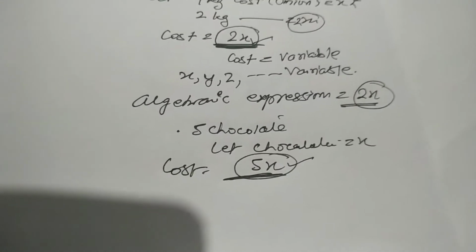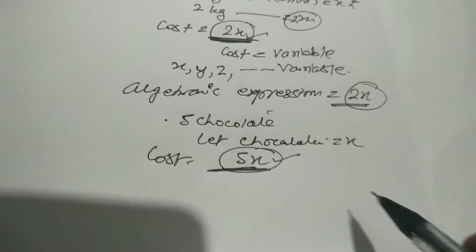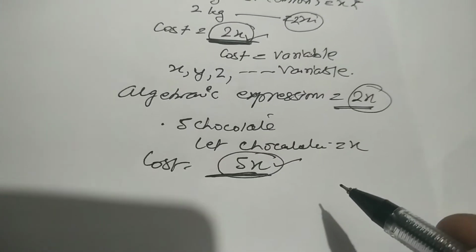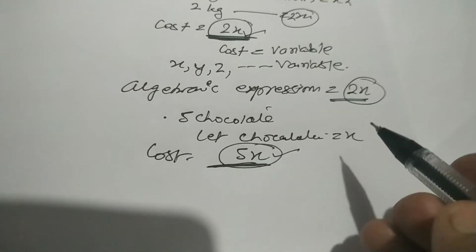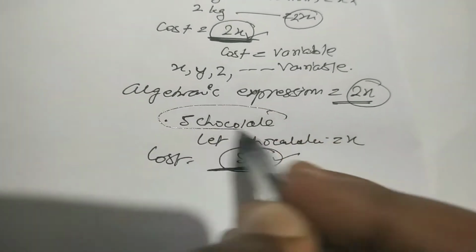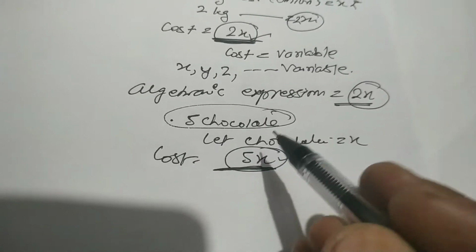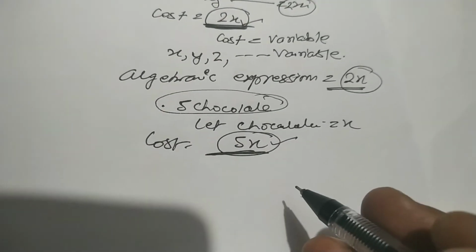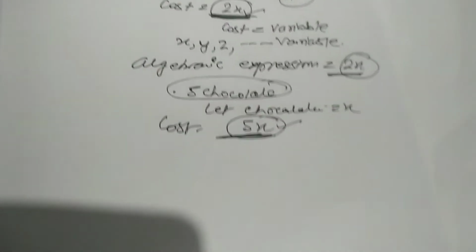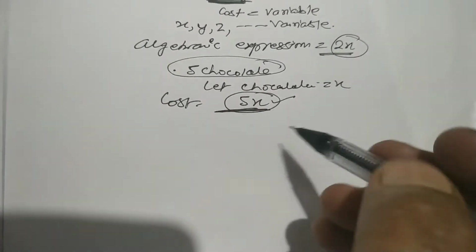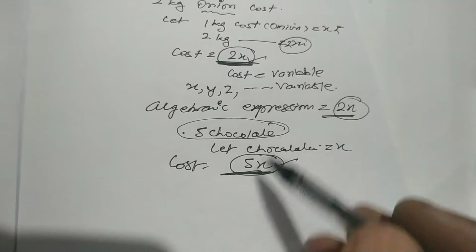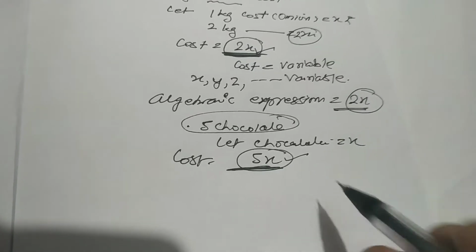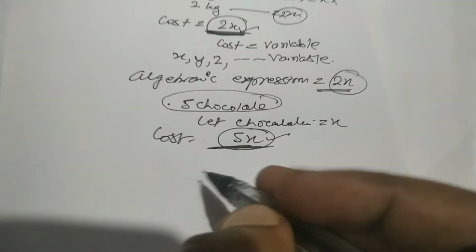It is not necessarily x, y, z, it can be something else. This is a shortcut. If I write all these words, we would need more pages. So in mathematics we write it in short, 5x. That is 5x, the algebraic expression.